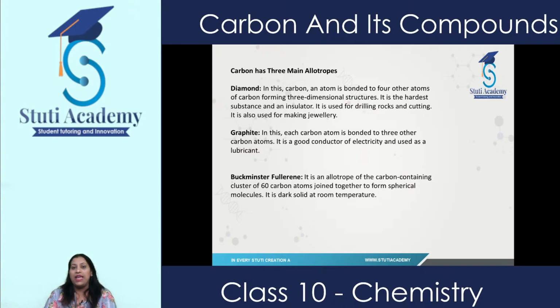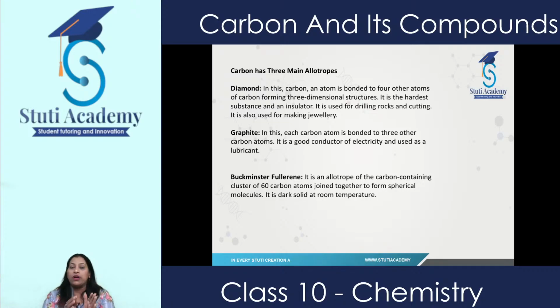Now, carbon mainly exists in three forms in nature: diamond, graphite, and Buckminster fullerene. The diamond, which is the best friend of every woman. So diamond is the main allotrope of carbon, graphite is the main allotrope of carbon, and then we have Buckminster fullerene. So these are the three forms of carbon which are found in nature.